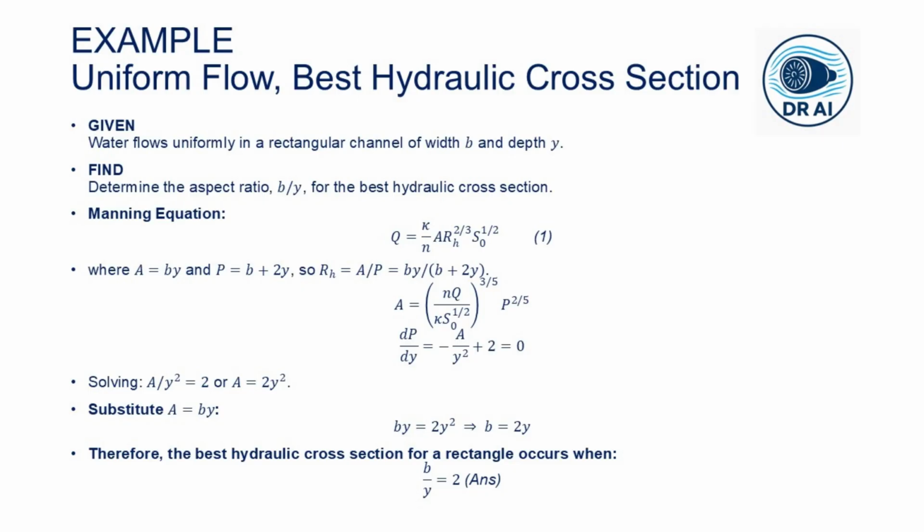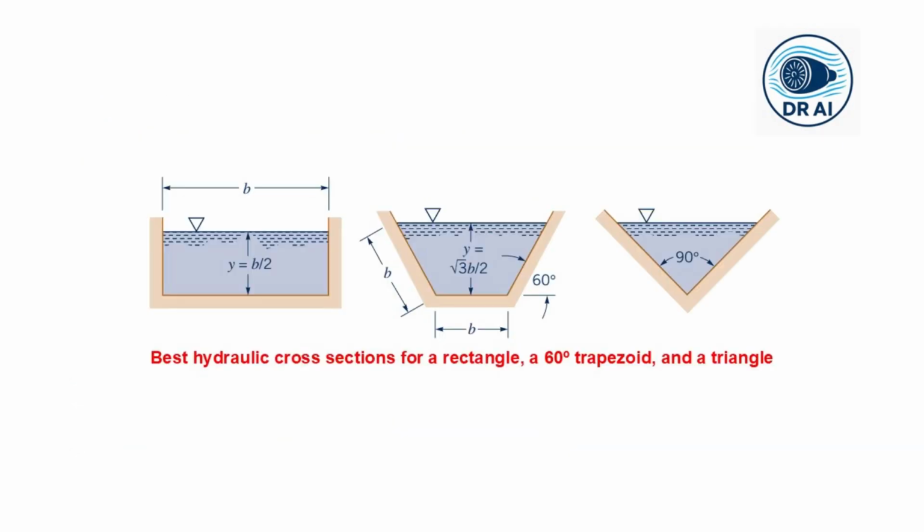For a trapezoidal section, the best section has 60-degree sides, and for a triangle, it's a 90-degree triangle. This is shown in this particular figure and derived from the example problem. It is a beautiful example of using a simple equation to derive an optimal, cost-saving design.